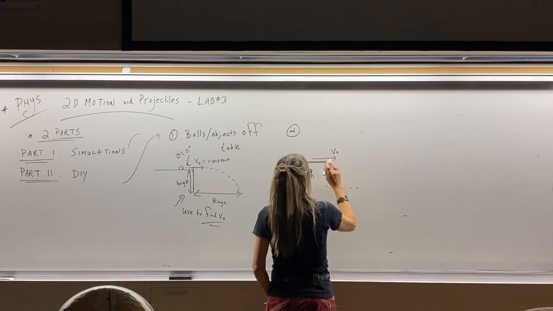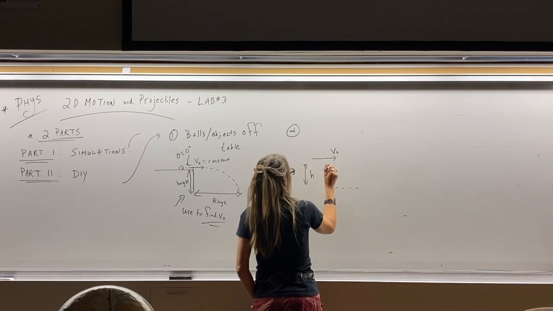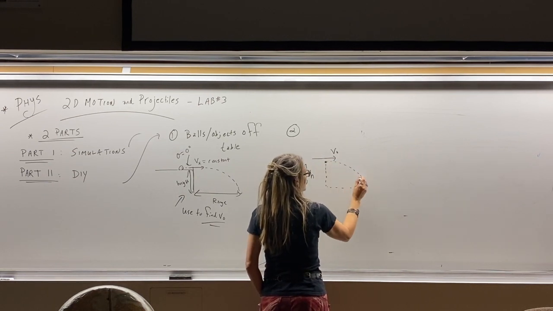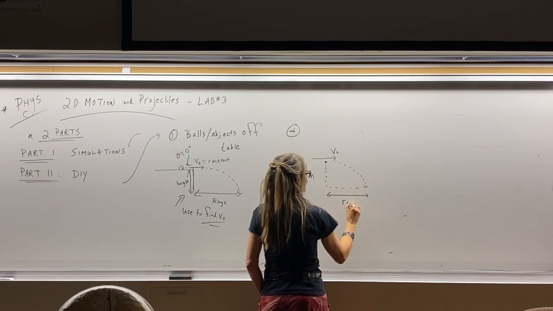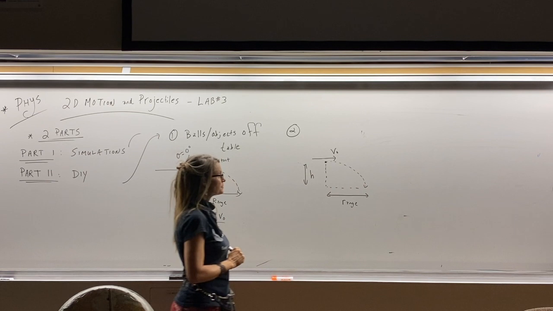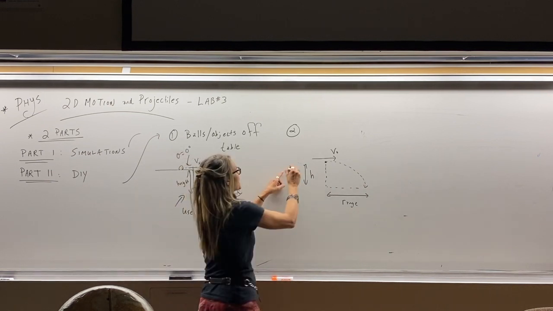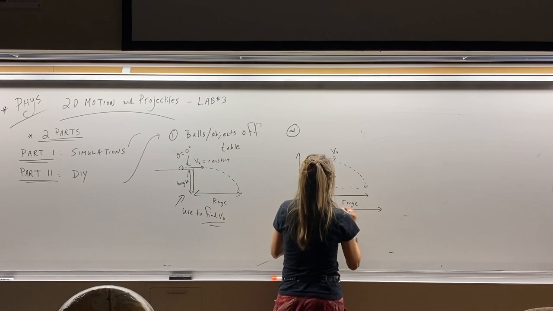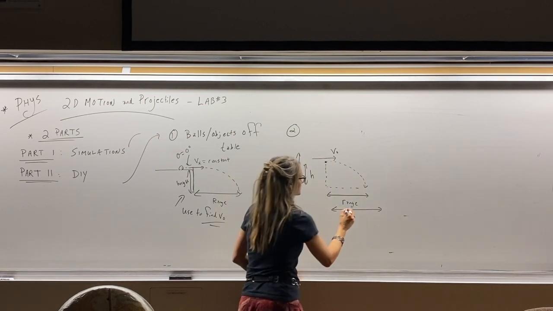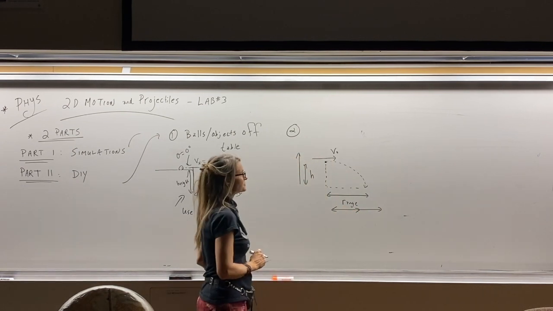Okay, not from a table, but we're going to have a height, and then we're going to propel an object and measure our range and our height again. Okay. And then we're going to change our height value and see how that impacts our range. Does it do this or does it do this?